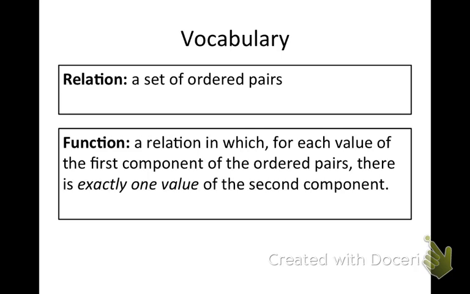How's the book have it written? I feel like it's the way the book is. Let me see here. Hold on. Let's get our English out there in the world. Where are my Lang people? A function is a relation in which, for each value of the first component of the ordered pairs, comma, there is exactly one value of the second component. Do we need to write the textbook about their comma?